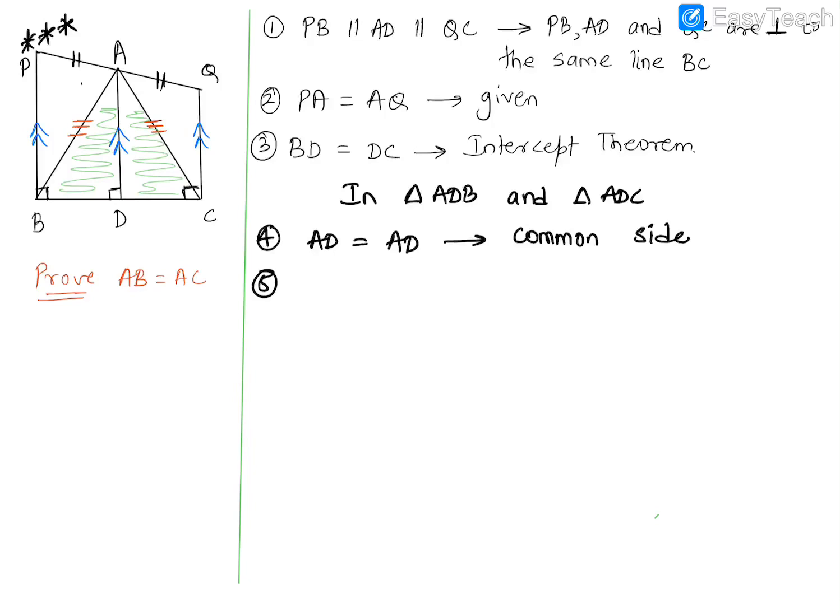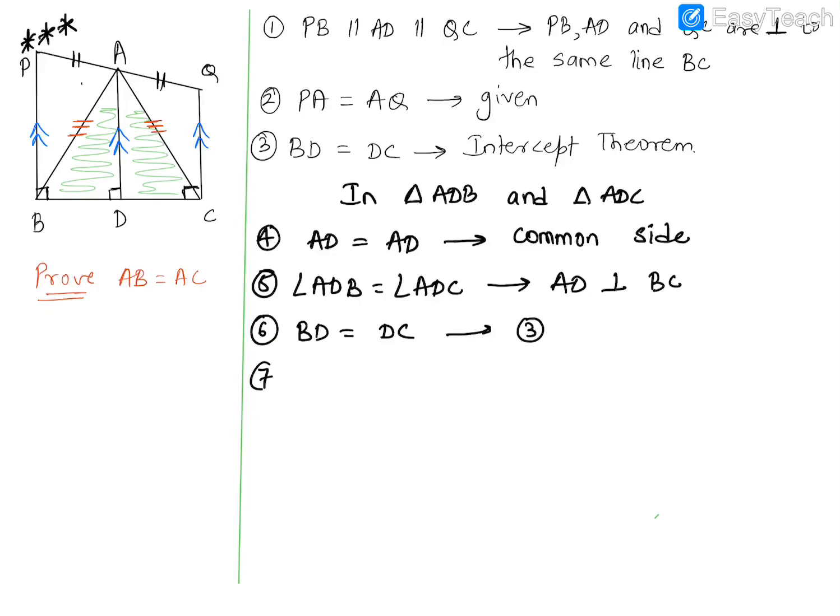Number 5. Now I can also say angle ADB is equal to angle ADC. The reason is because AD is perpendicular to BC. Number 6. I can also say BD is equal to DC. Reason, statement number 3.